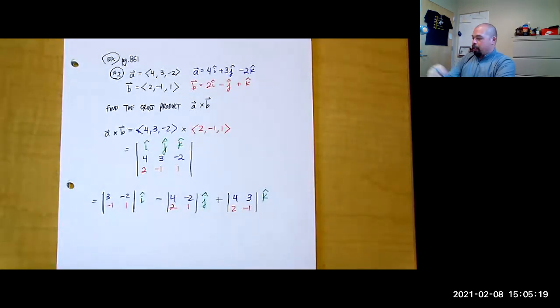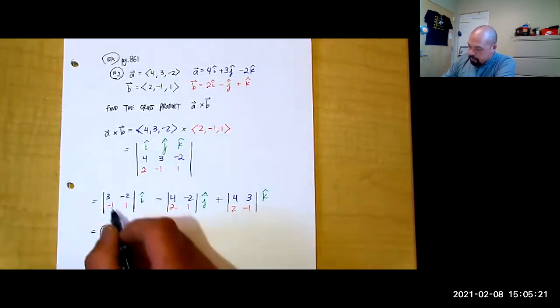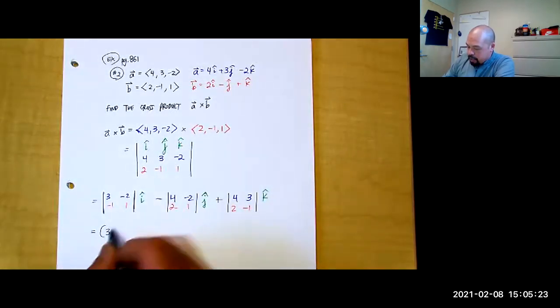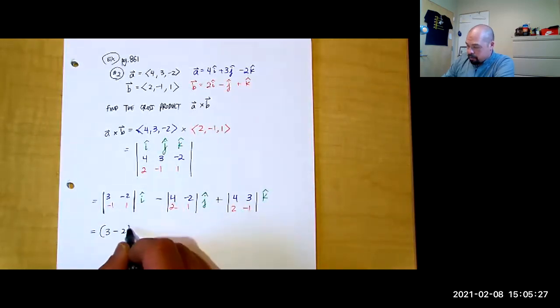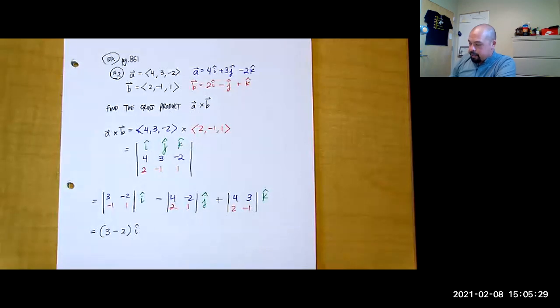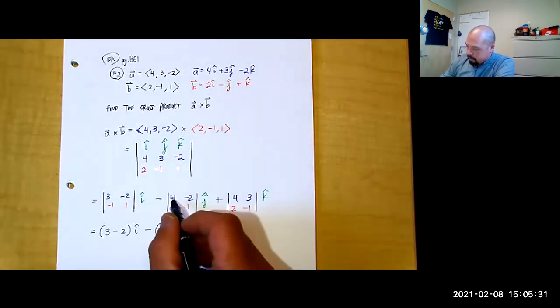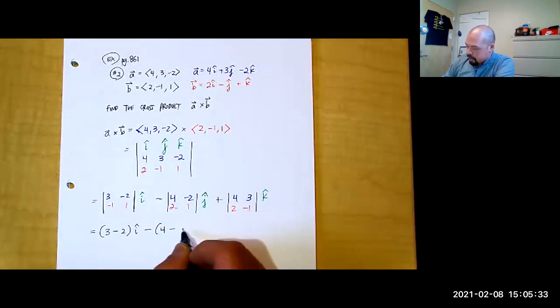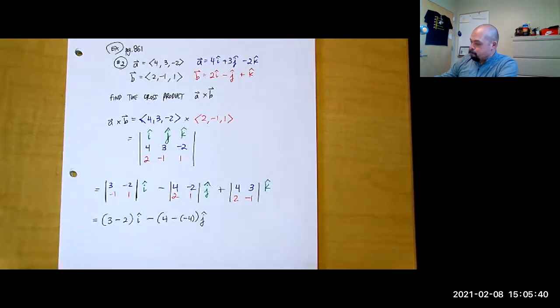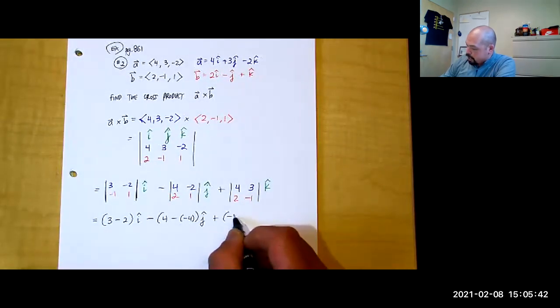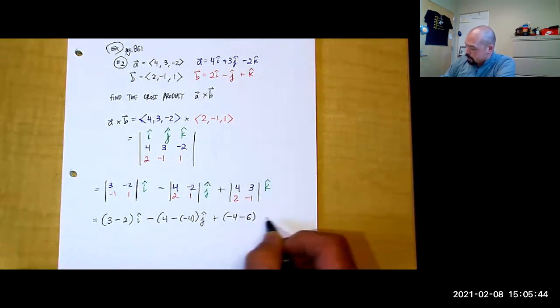And so finishing up computing here, 3 times 1, 3, minus -1 times -2, +2. So there's my i, minus 4 minus -4. Watch the double subtraction, right? Plus -4 minus 6.